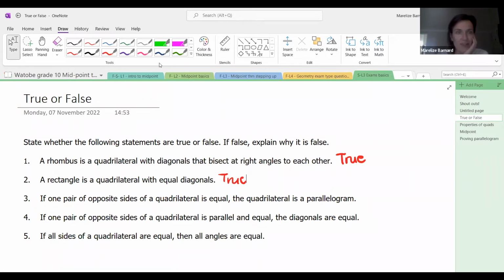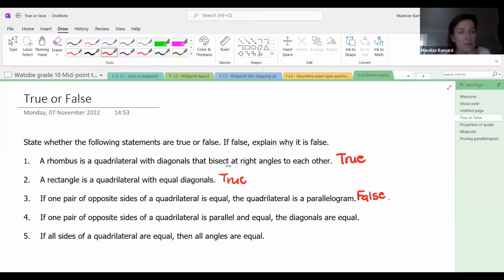Put your answer in the chat. So Narcus says that's false. Lutando says it's false. That is false indeed.